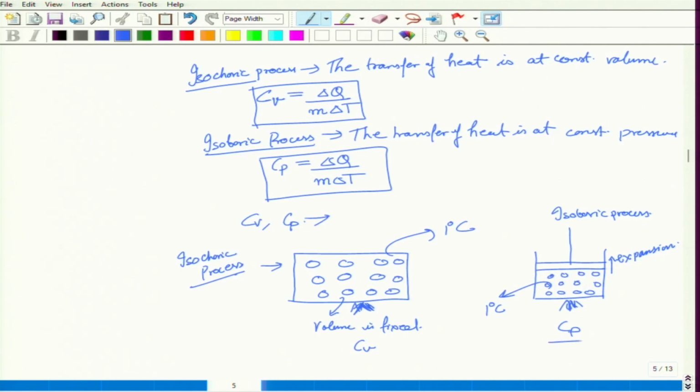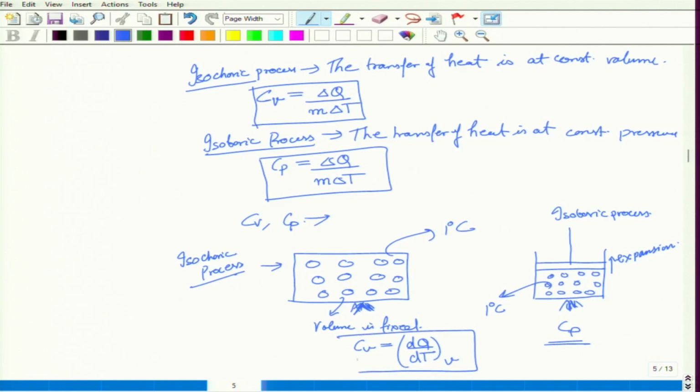The energy of the molecules that is required to increase the temperature at constant volume is called Cv, and this is nothing but dQ by dT at constant volume.